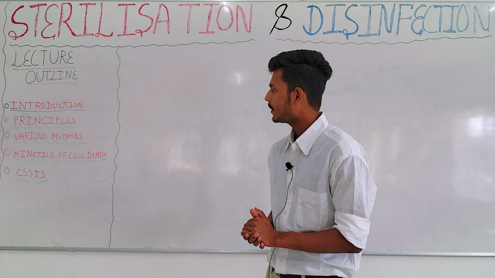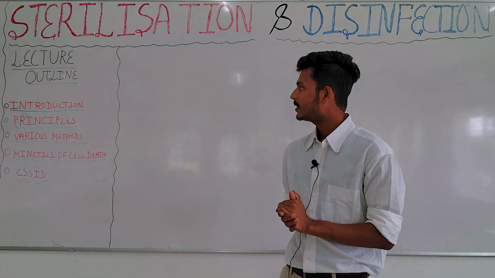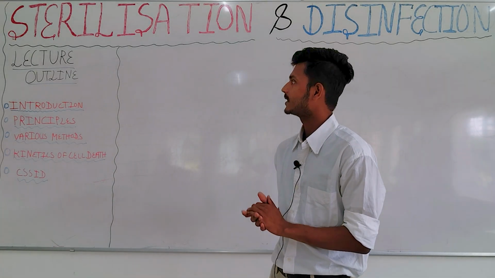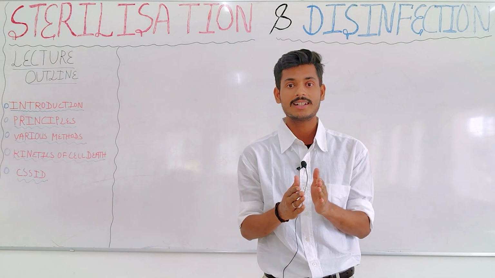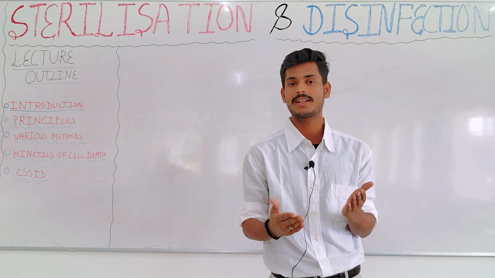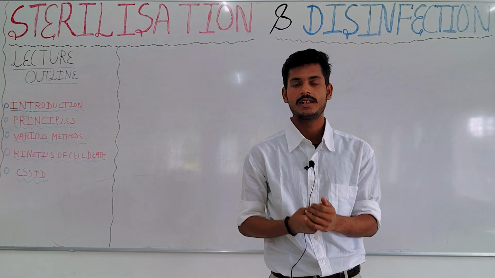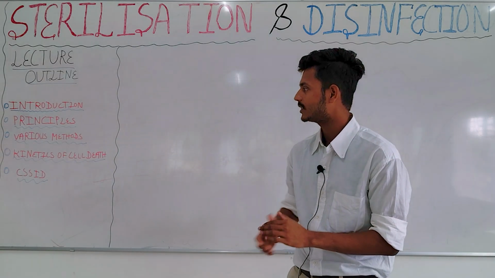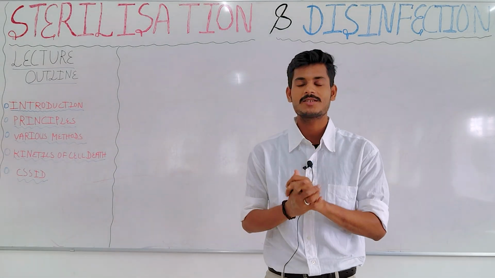Then we will see the kinetics of cell death. Remember that whenever you apply these methods, microorganisms are not eliminated instantly; they take time and they follow a pattern. That pattern we will understand in the topic of kinetics of cell death.